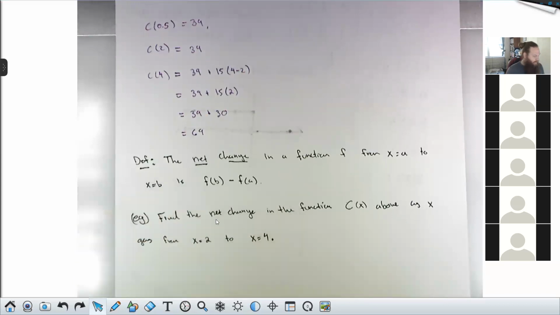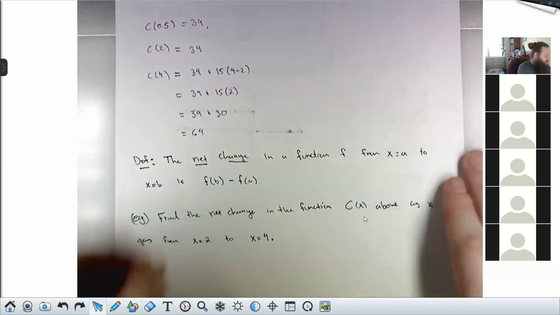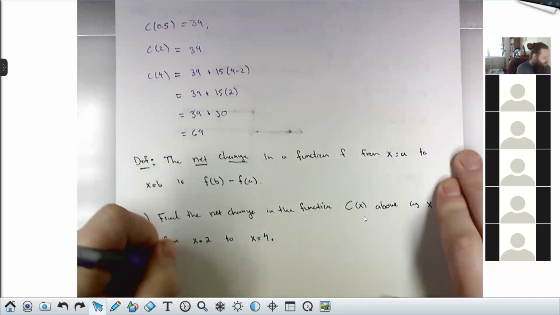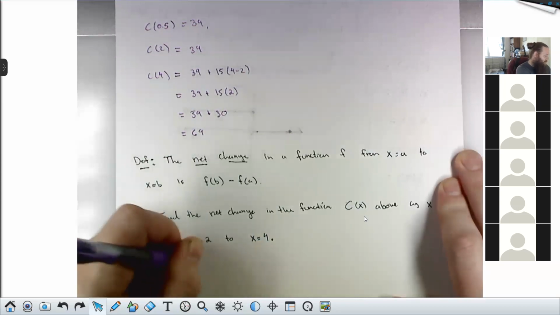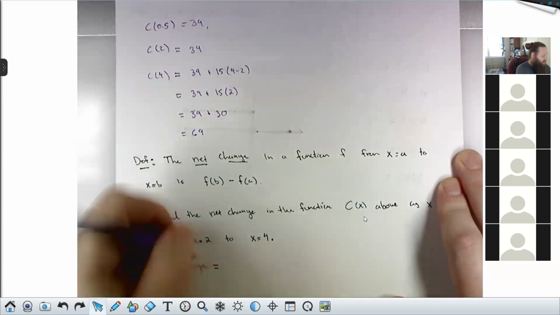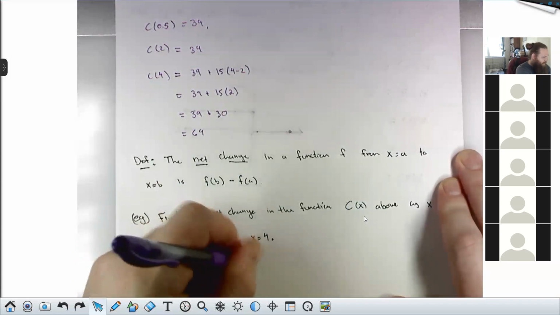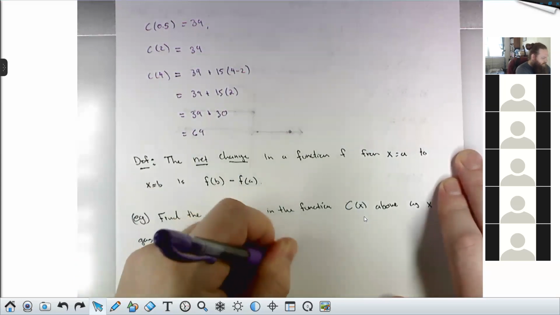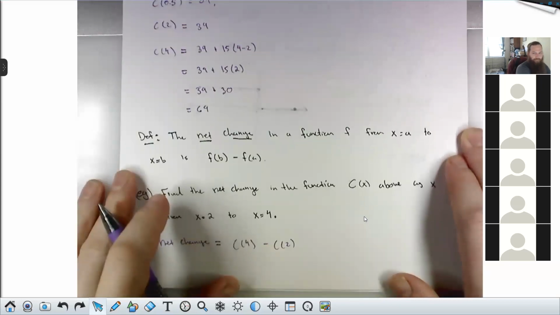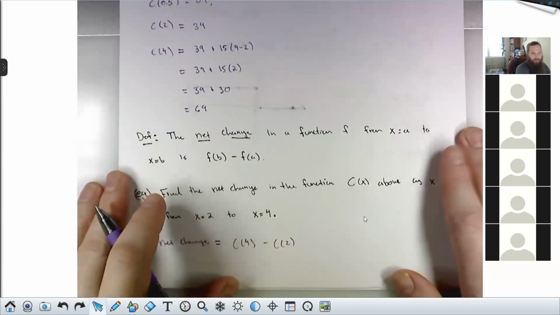So this isn't anything mind-blowing. From x equals a to x equals b, the net change is f of b minus f of a. So from x equals 2 to x equals 4, the net change in the function c is c of the big guy minus c of the little guy. That's all.